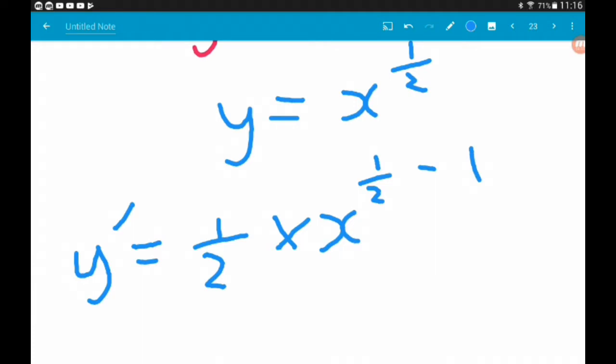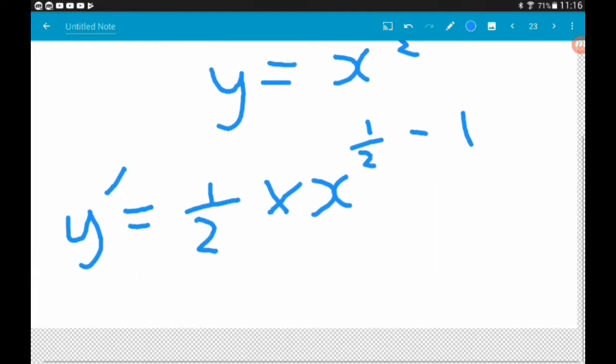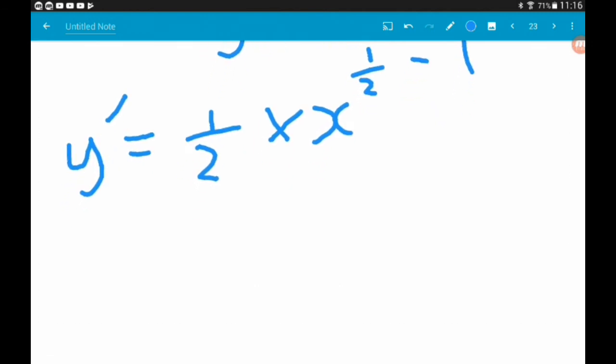So be very careful here. So we're going to have 1/2 x to the, well, let's do it step by step. So 1/2 minus 1. Now 1 in terms of halves is 2 halves.